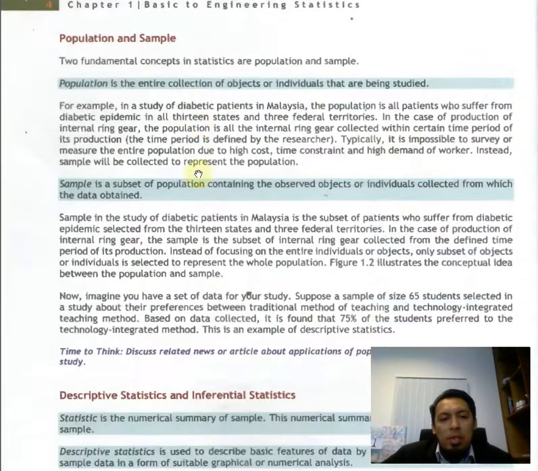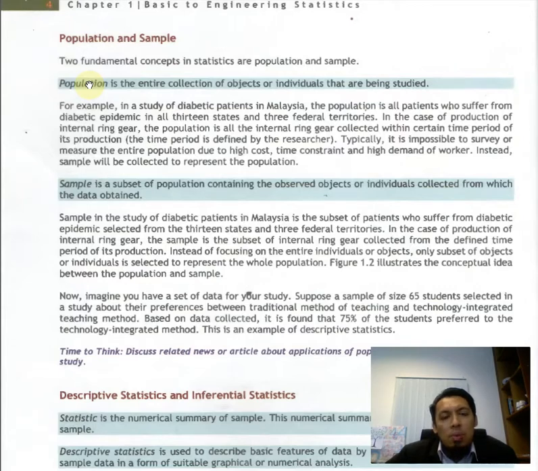Next, you have population and sample. Population is the entire collection of objects or individuals that are being studied, and sample is the subset, or a part of the population, that is being studied. If we use Unimap as an example, if I say population of Unimap students, it means the whole Unimap students.